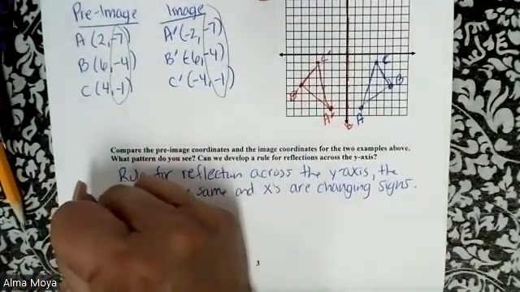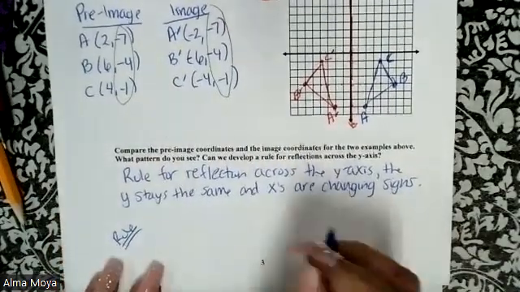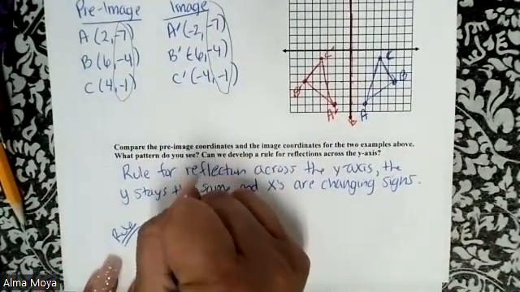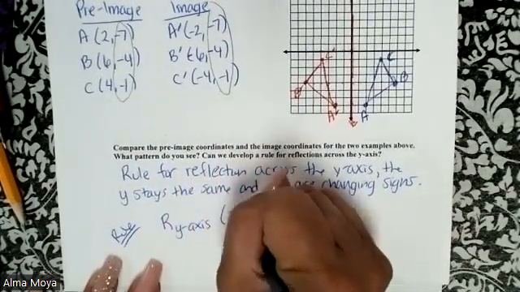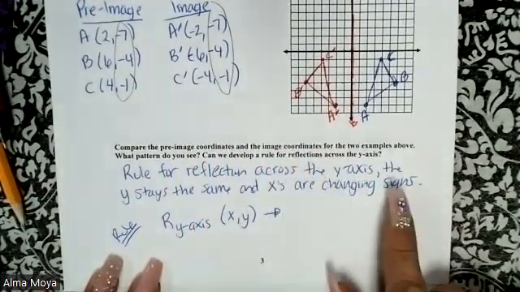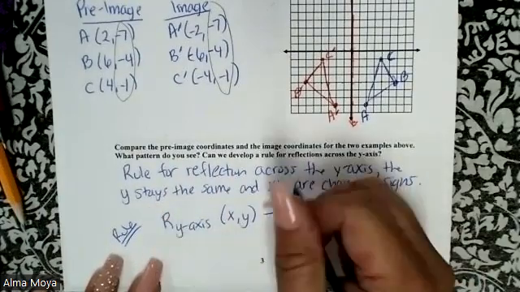So here's your rule. We are going to do a reflection across the y-axis. You take your x and your y, and remember, the y is staying the same.